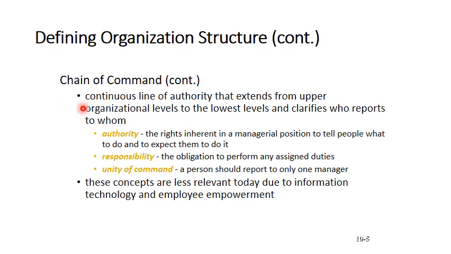Managers need to understand it when organizing work because it helps employees with questions such as who do I report to, or who do I go to if I have a problem.